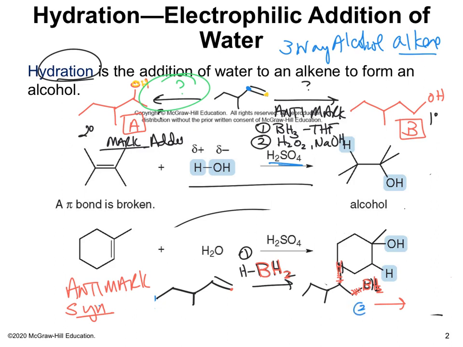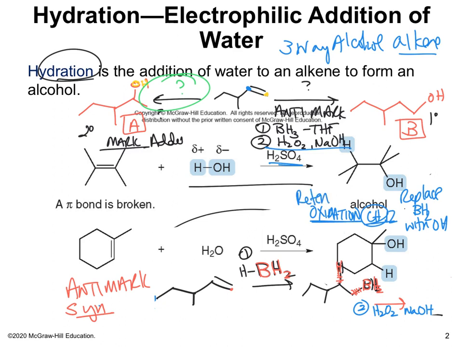And then the second reagent is the hydrogen peroxide and sodium hydroxide. This is an oxidation reaction, and we'll talk about that in the next chapter, chapter 12, really about oxidation reductions. But basically, for where you are right now, you just replace the BH2 with an OH, and you retain the stereocenter, retention.